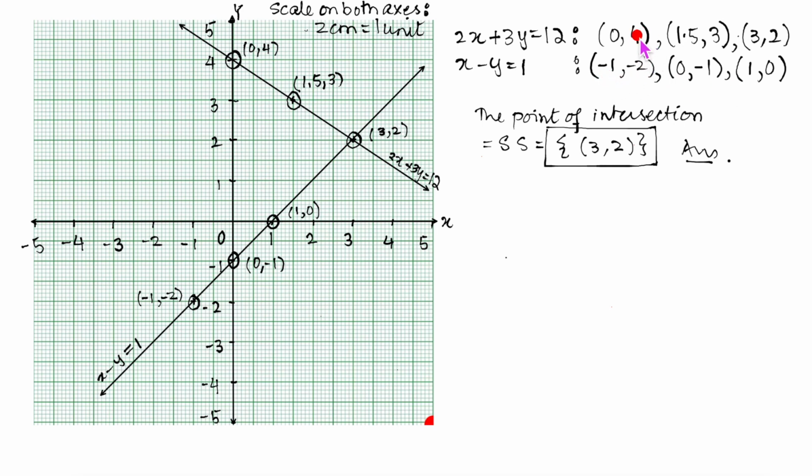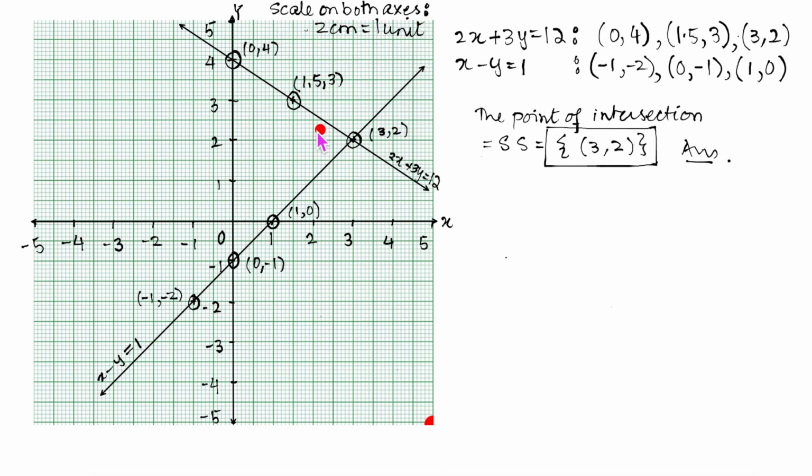Y is up to 4 maximum and -2 maximum on the negative side. So basically if we draw the two axes like so with 5 big boxes on either side like this, then we can take 2 centimeter equal to 1 unit for both the axes, which is what I have written.